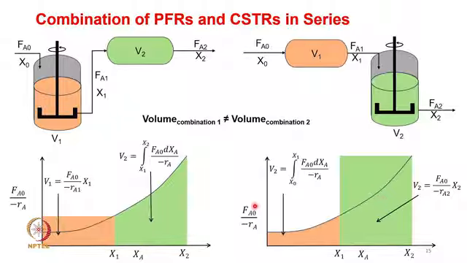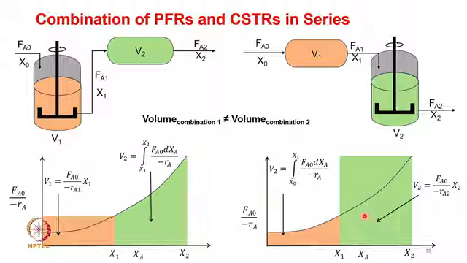This is done by plotting again Fa0 divided by minus Ra against xa, with the first reactor conversion as x1 and the final conversion as x2. So you can visually see that the total volume, the area of the entire shaded region, would be different in case 1 and case 2.